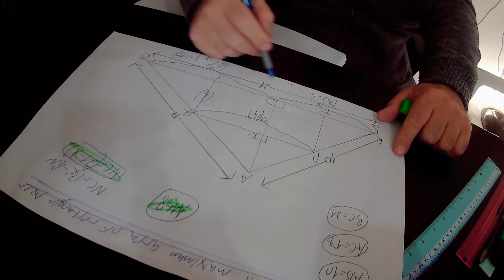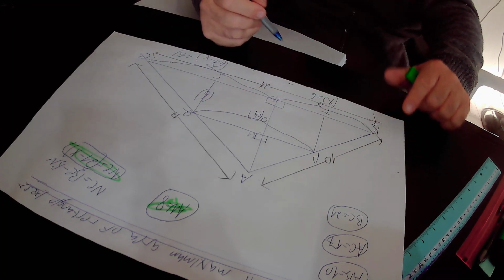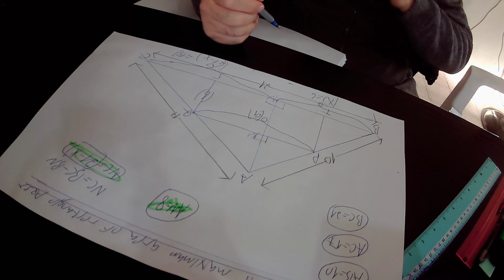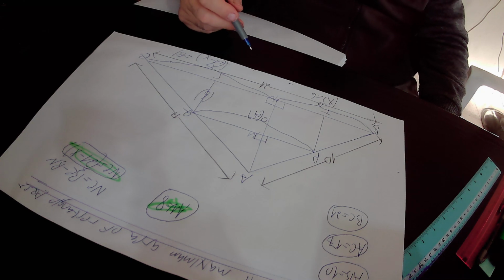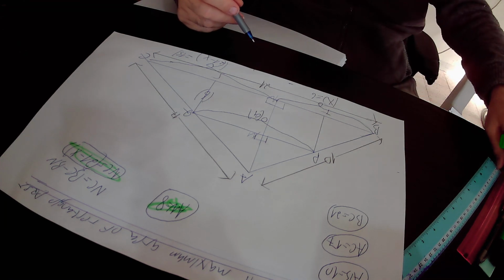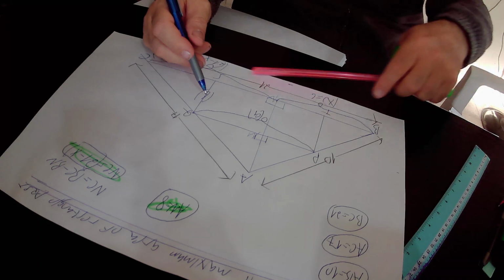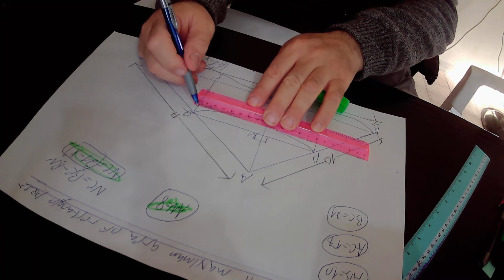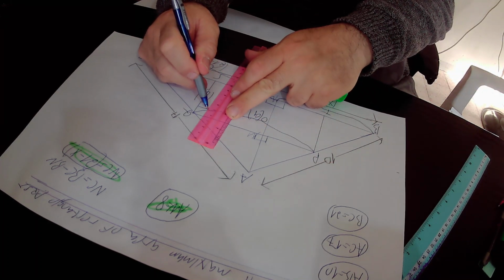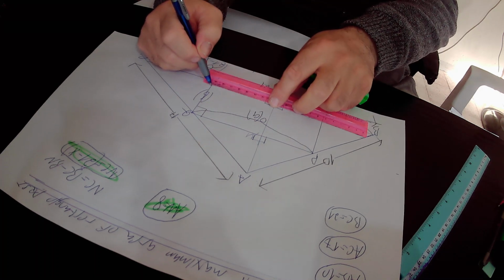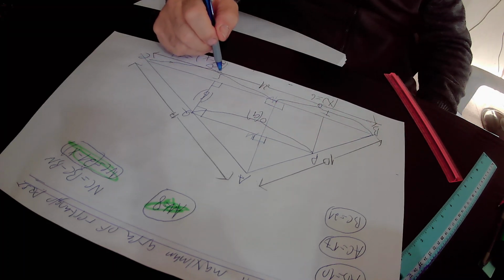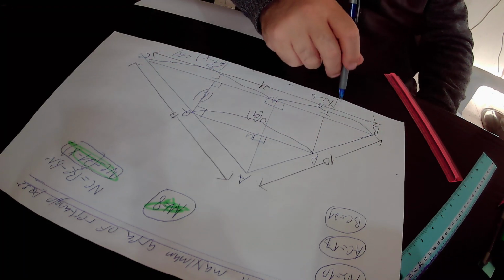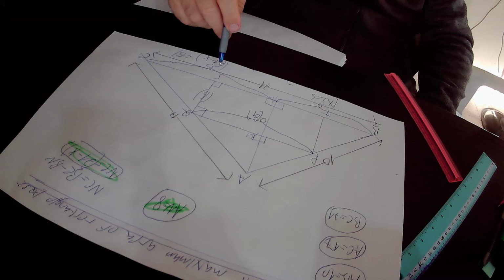We know that PQST is a rectangle, and therefore all the angles inside the rectangle are right angles. Therefore, this angle is a right angle, and this angle is also a right angle. These are 2 of the 4 angles inside rectangle PQST, therefore they are equal to 90 degrees.